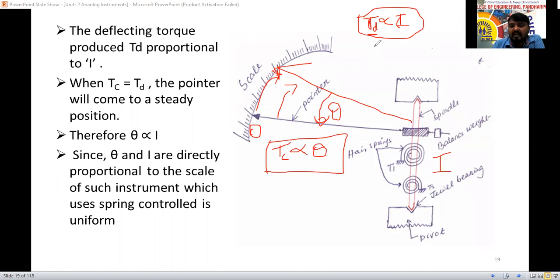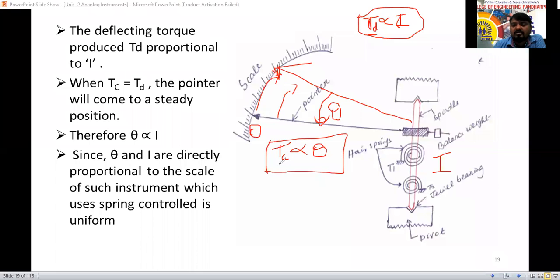So TD is directly proportional to I. Because of the current, some deflection will occur. So the deflecting torque is because of I, the current. But the controlling torque should bring it back. There is no need of supply. Whatever deflection angle is there, it should maintain that angle and come back to zero.